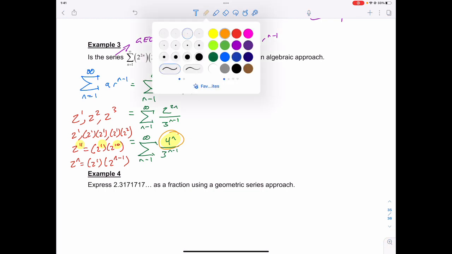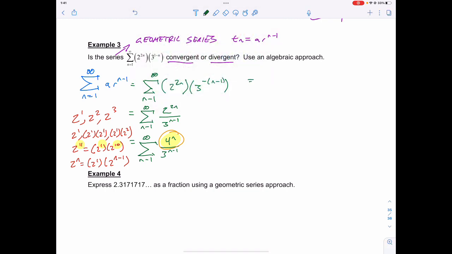We're going to use that to split up this 4n. What we're going to do is say that I'm taking the sum of 4 times 4 to the n minus 1, or if you prefer, 4 to the 1 and 4 to the n minus 1.